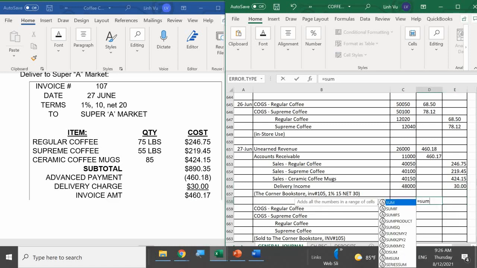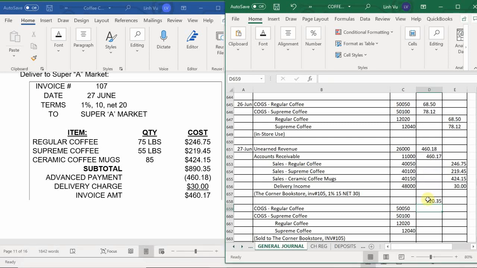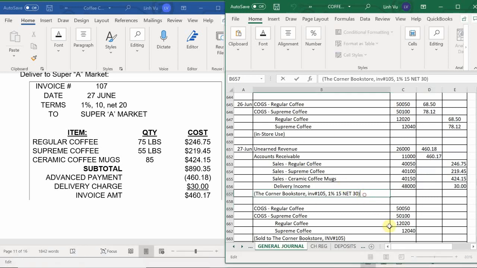So I'm going to double check my work here. I got 920.35 on the left, 920.35 on the right. And I've got to change my description.